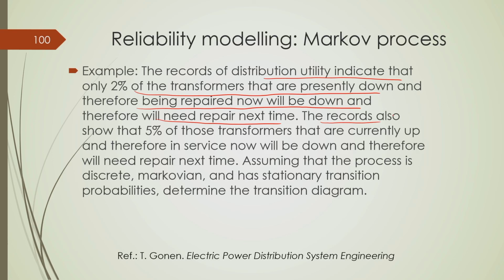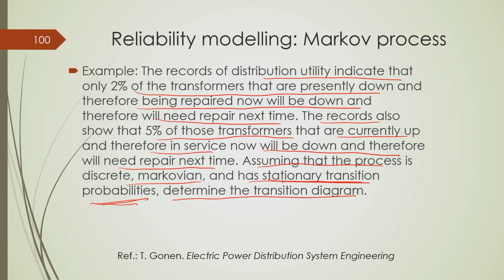And records also show that 5% of those transformers that are currently up, and therefore in service now, will be down, and therefore will need repair next time. Okay. Assuming that the process is discrete Markovian and has a stationary transition probability. Stationary transition probability means these transition probabilities are constant and do not vary with time. So, determine the transition diagram.